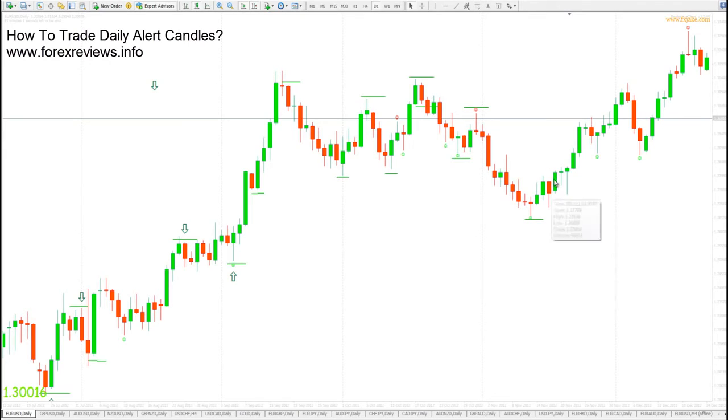Okay? So what you do is you put your stop here, because this does look a little bit like a pin bar. When you enter on this candle, see this candle here that broke above, you put your stop just below the previous candle, or you can put it just below as well.